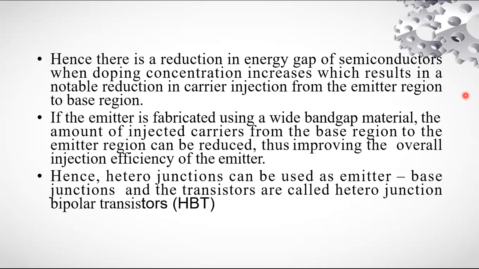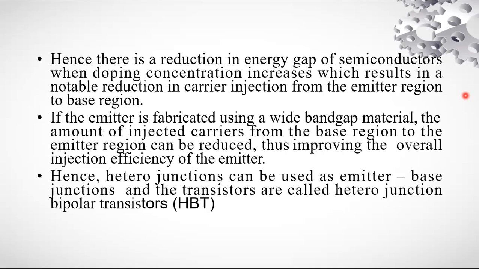Then the overall injection efficiency of the emitter can be improved, which means we can improve the beta factor. We know that beta depends upon alpha and gamma. So in order to make gamma near to unity, what he found is that when we use different materials for emitter and base, we can achieve this functionality.